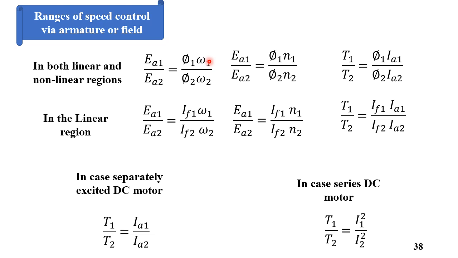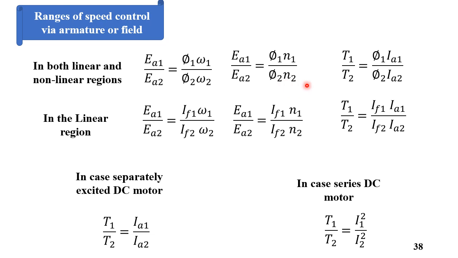We can substitute omega with 2 pi n over 60, and the 2 pi over 60 cancels out. We have E over E equals phi 1 n1 divided by phi 2 n2, where n is the speed in revolutions per minute.